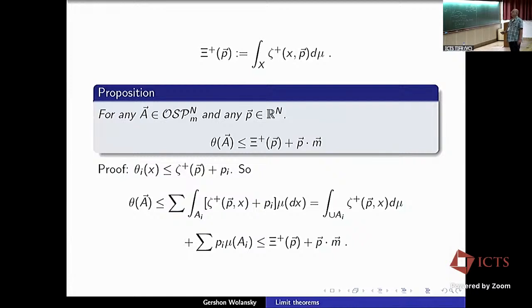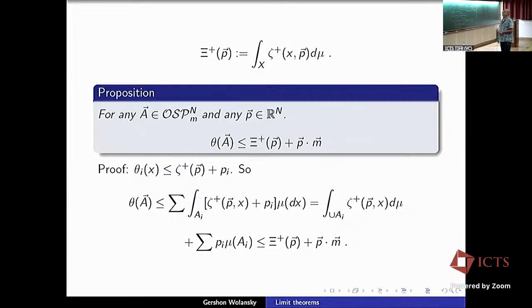Because by definition of zeta plus, theta_i at point x is smaller or equal than zeta plus_i P. So if we look at the theta of A, by definition this was the integral of theta_i over A_i, which is smaller or equal than this integral, and this is just the integral of zeta plus_i P dμ_i.